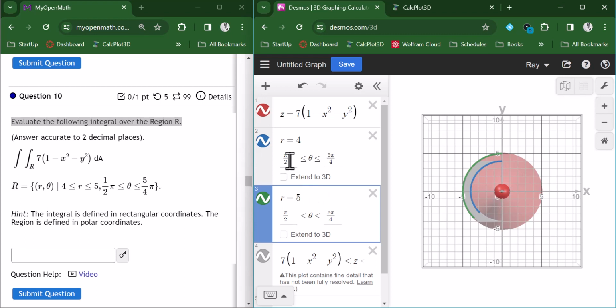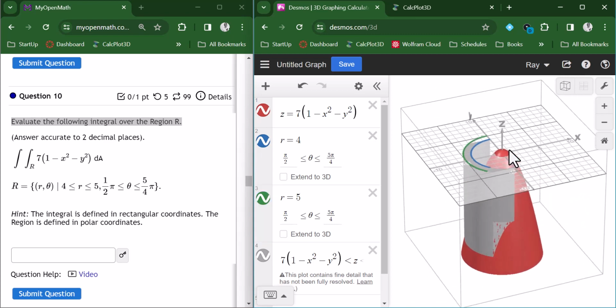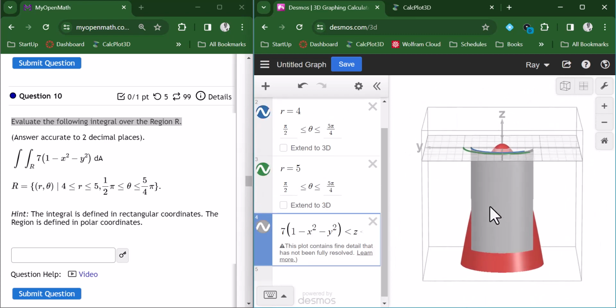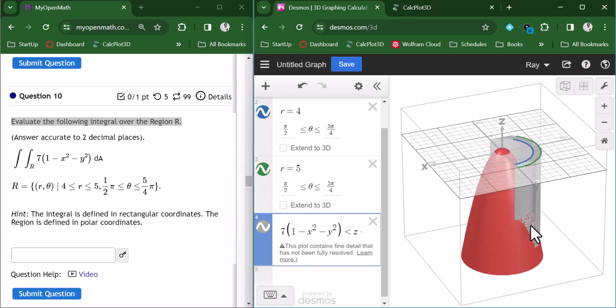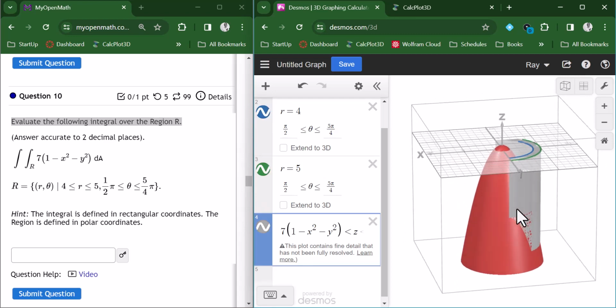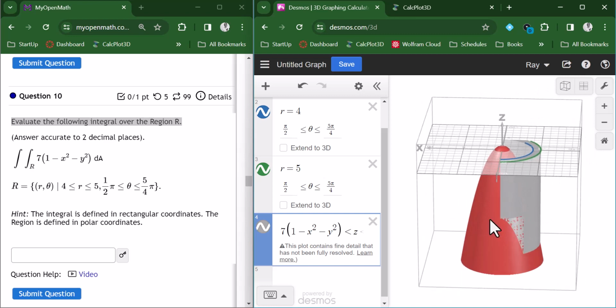These go from pi over 2 to 5 pi over 4. What we're actually looking for is the volume of this cylindrical drop from the xy plane all the way down to the surface. And again, because it's going below the xy plane, we should be expecting a negative value.